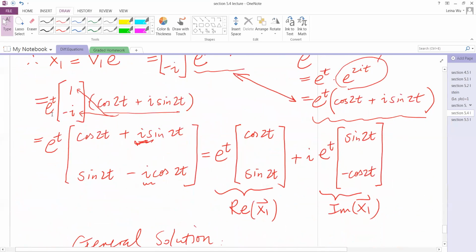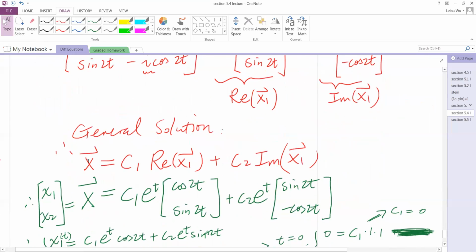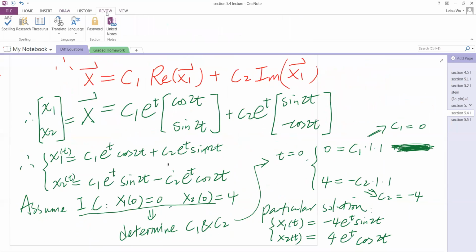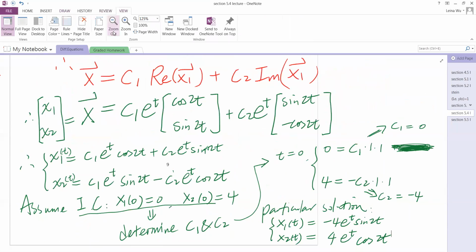Once you get x1, you recognize its real part and its imaginary part. Use these two to write down the general solution, which would be C1 times its real part plus C2 times its imaginary part. If there are initial conditions, we can use them to determine C1 and C2 for the particular solution. All right, that's all we have left for this section.